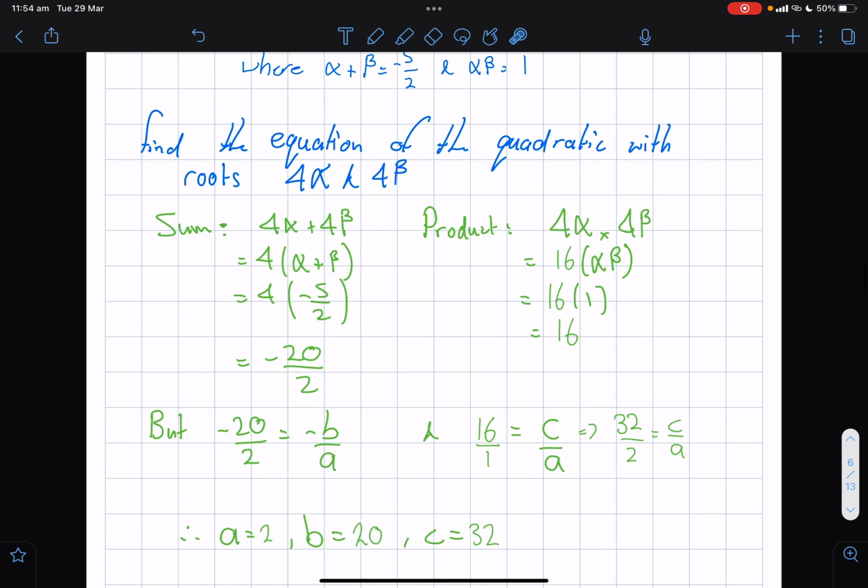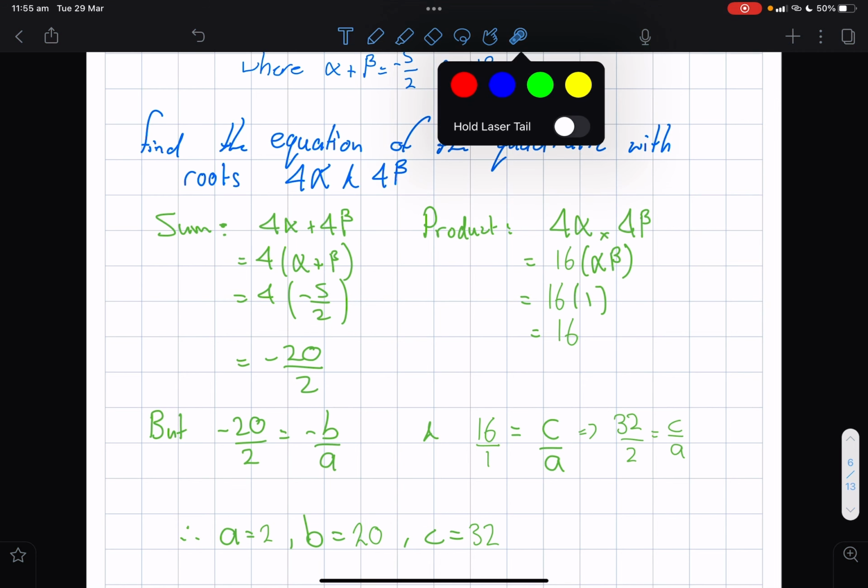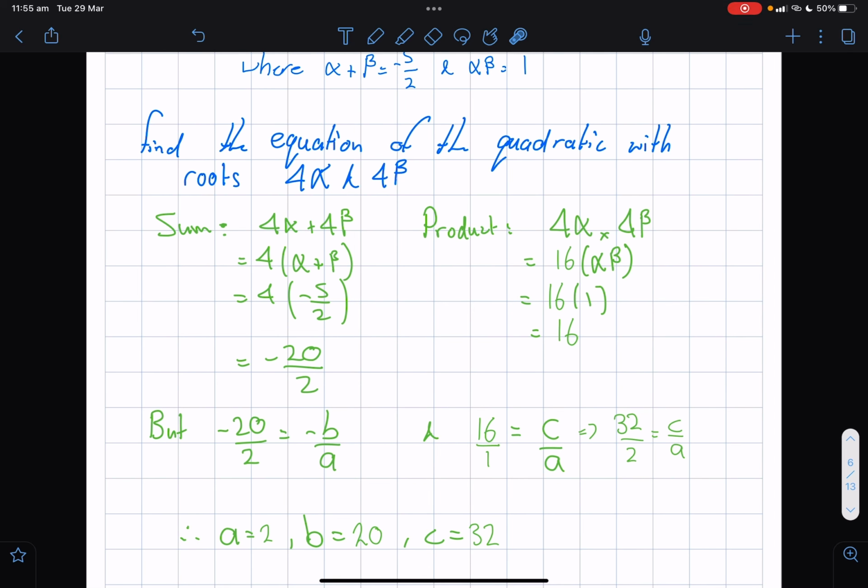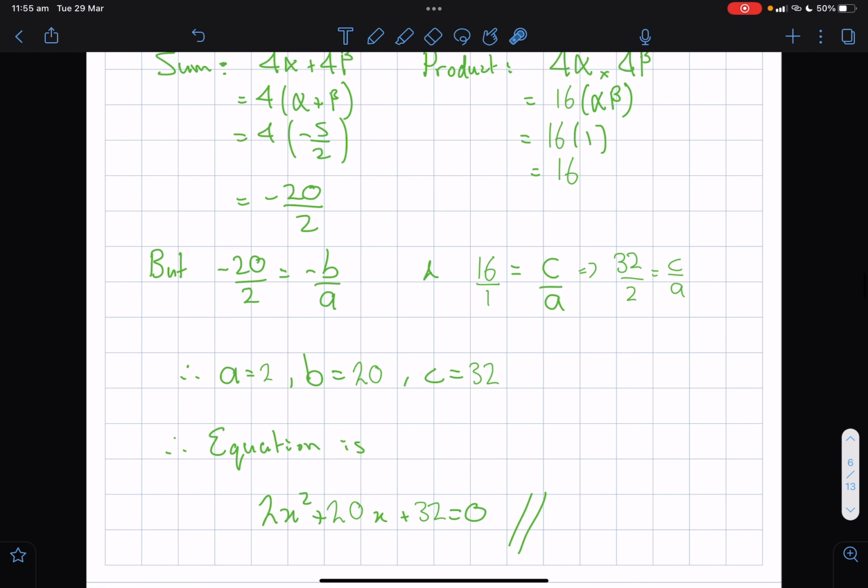Now, comparing the two, we can see that both a's must equal 2. On this left-hand side, b must equal 20. And then on this right-hand side, c must equal 32. Now that we have a, b, and c, we can just throw that straight into our equation. So therefore, 2x squared plus 20x plus 32 equals 0.